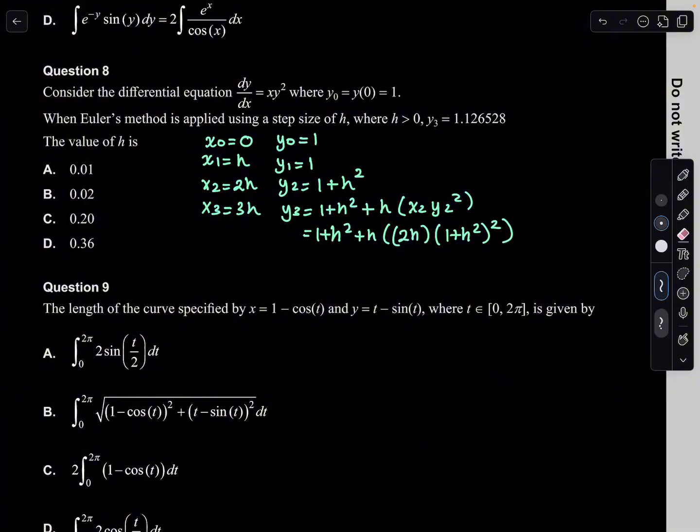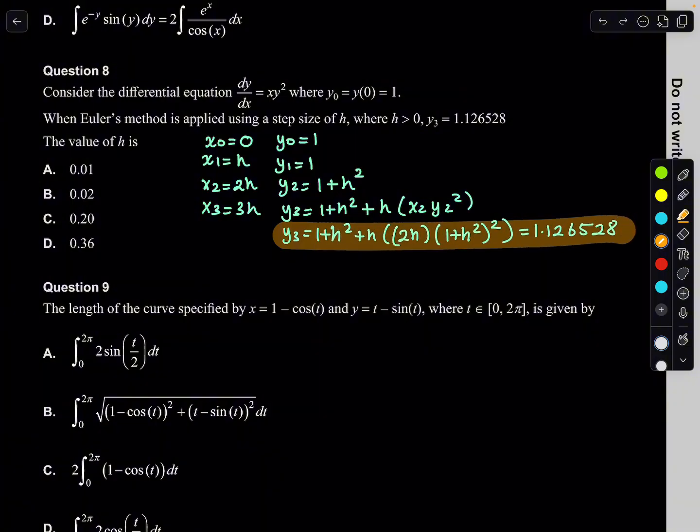Done. And so this is my y3. We know that y3 is equal to 1.12658, so I can equate that.